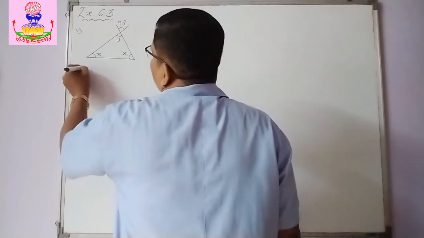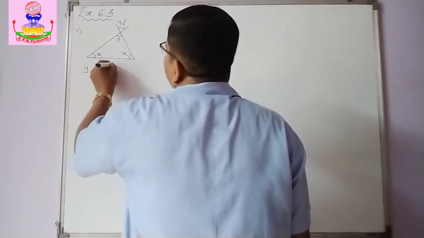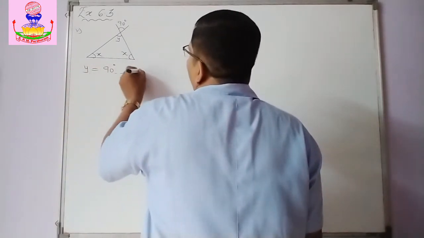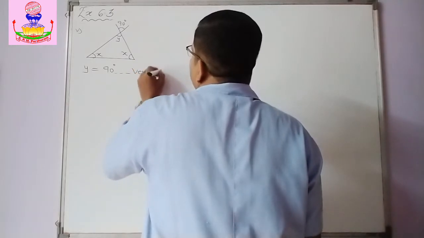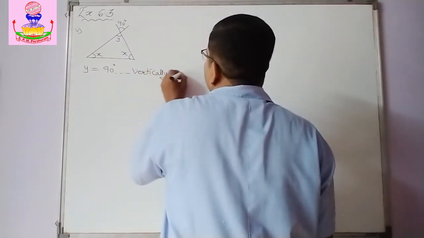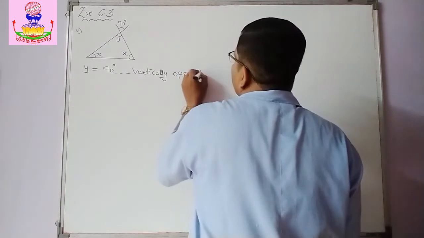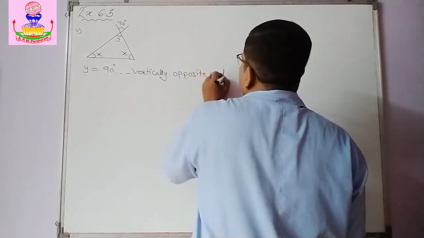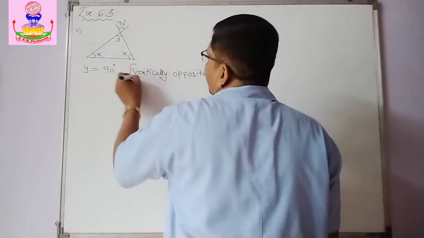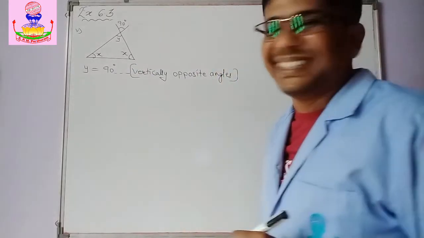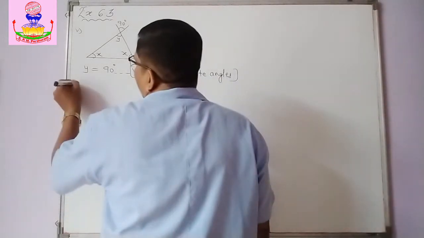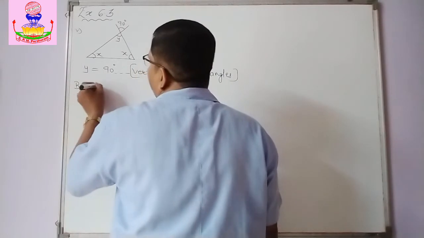Right? So let us write down. Okay. So Y is equal to 90 degrees. Y, vertically opposite angles. They are always of equal measure, right?